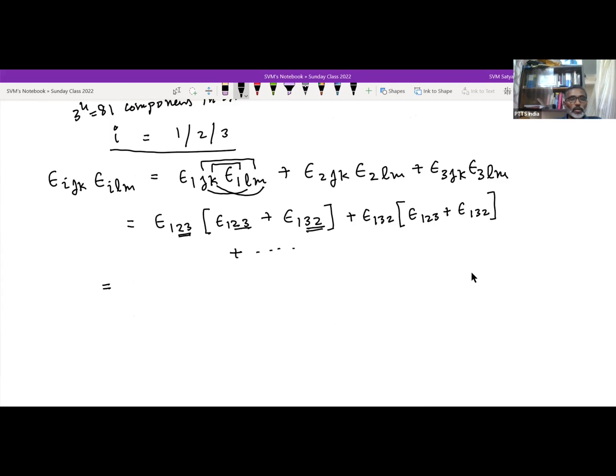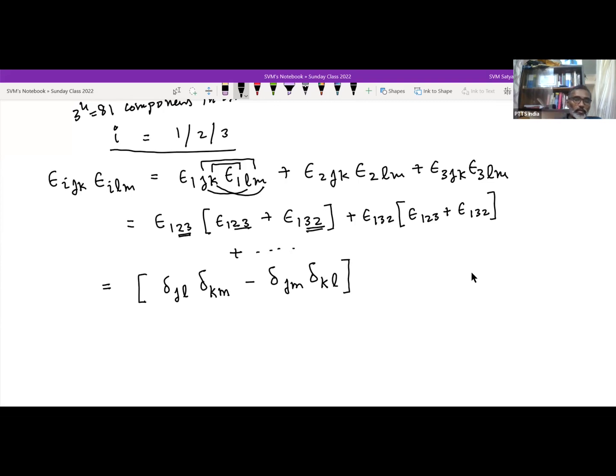Okay. So you can write that using Kronecker deltas. You can say it is delta jl into delta km. So in that, whenever this happens, it is 1, minus delta jm delta kl. That is, j can be equal to l, k can be equal to m. In that case, this will be plus 1.